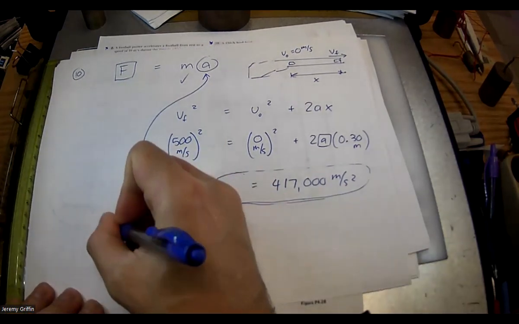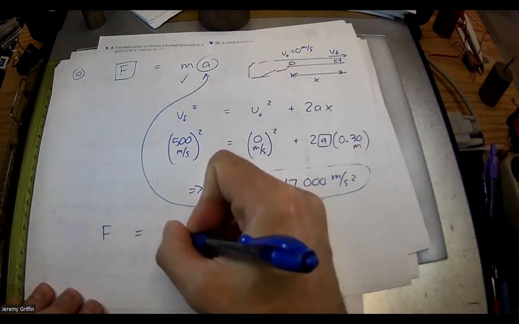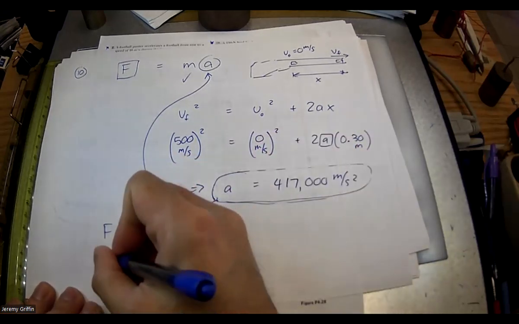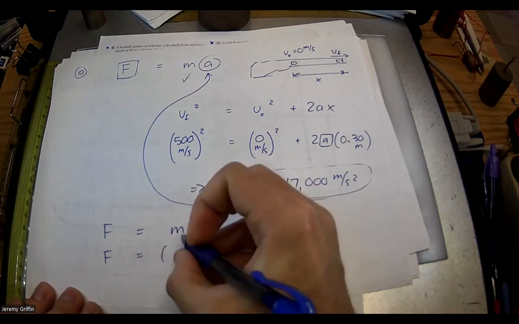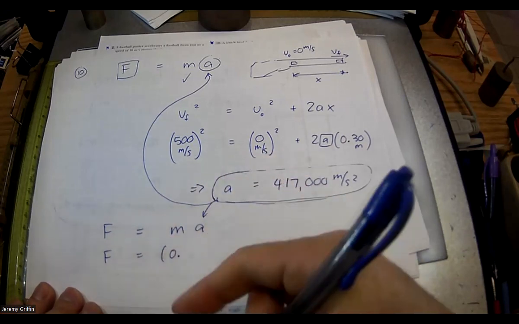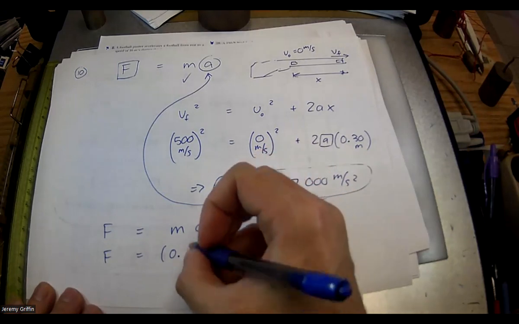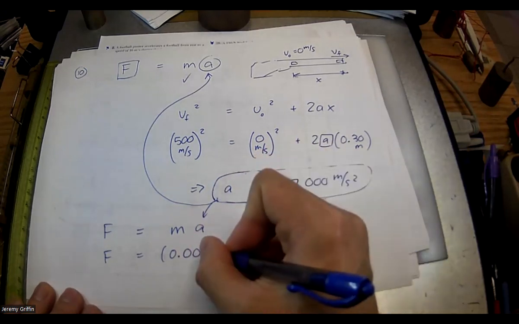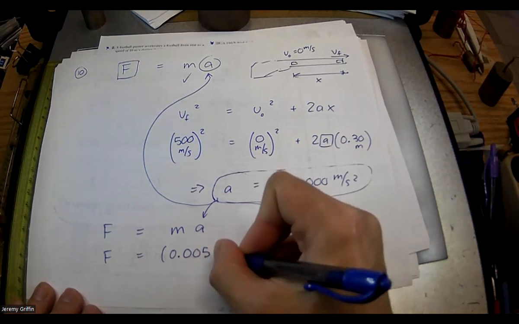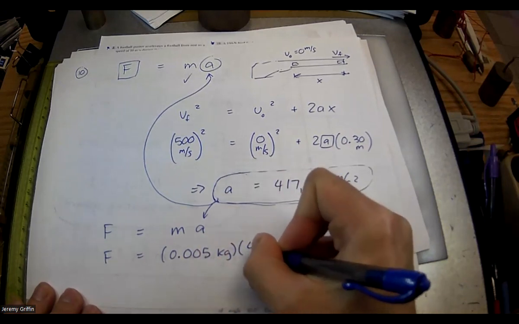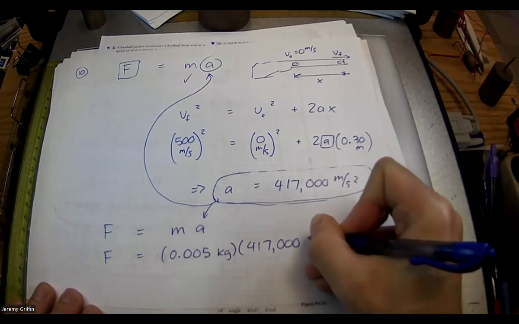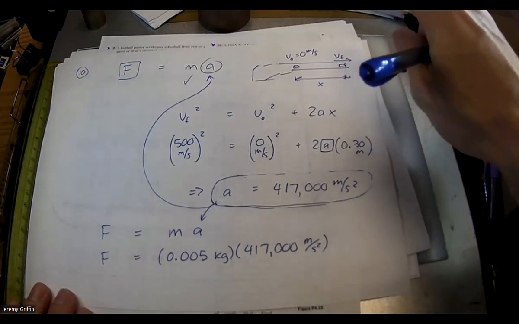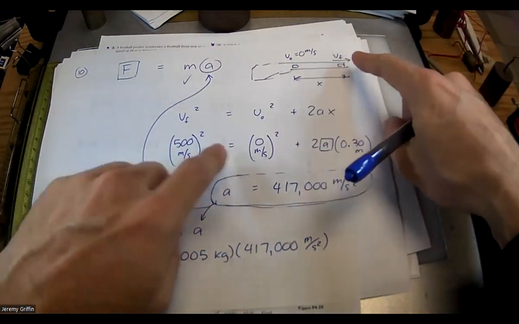Okay. So now we're back to our classic Newton's second law of motion, F equals ma. Force equals, I need the mass of the bullet. Right. Remember, you're going to take the number in grams and divide by 1,000 to get to kilograms. So that's going to look something kind of like this, for example. And it had to have been accelerating this much to have reached the given speed in this given distance, right?